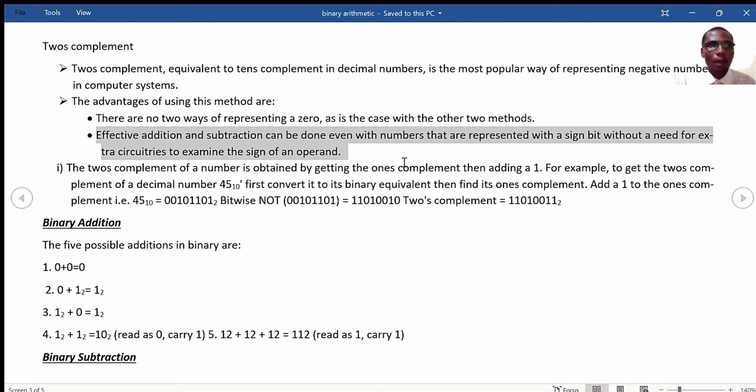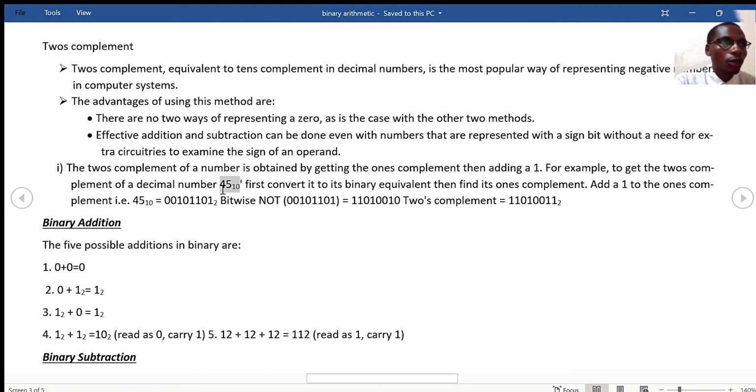How do we represent a signed binary number in 2's complement? You just do the same. You have to convert your number, because mostly you can be given a number which is a decimal, like my example here, the number 45.